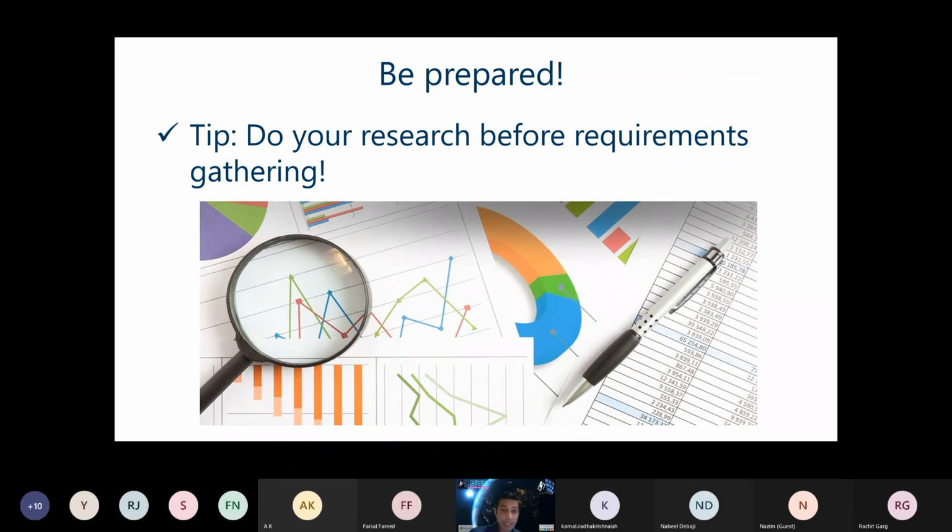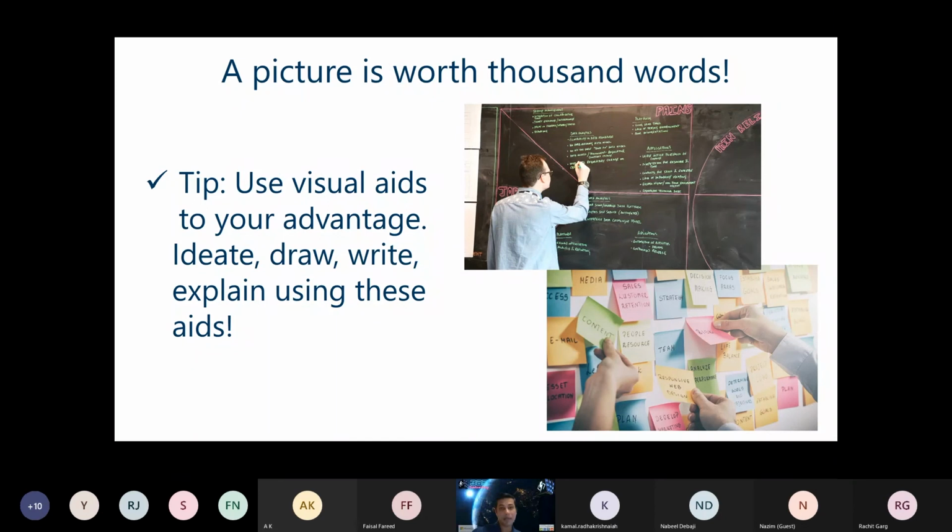So the next one is, obviously, we all know a picture is worth 1,000 words. In today's age and digital era, nobody has time to read 1,000 words, or write 1,000 words, or hear even 1,000 words most times.